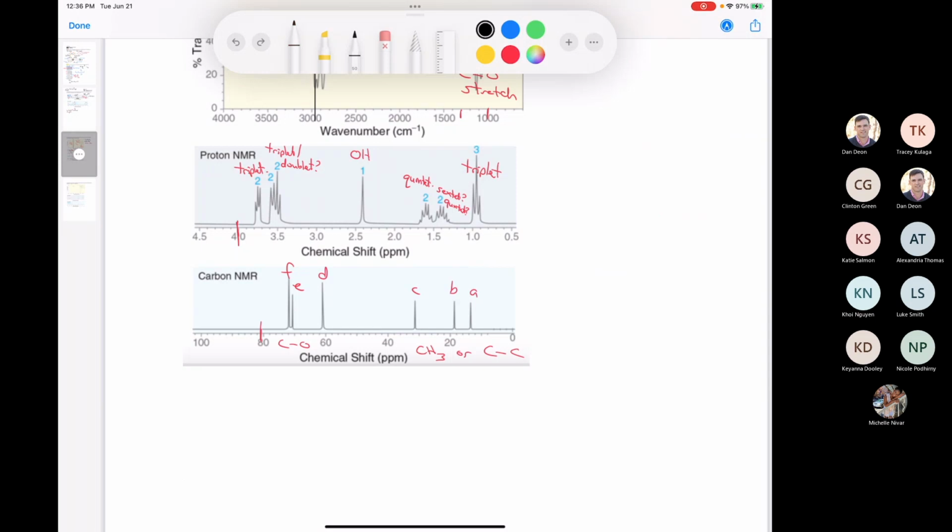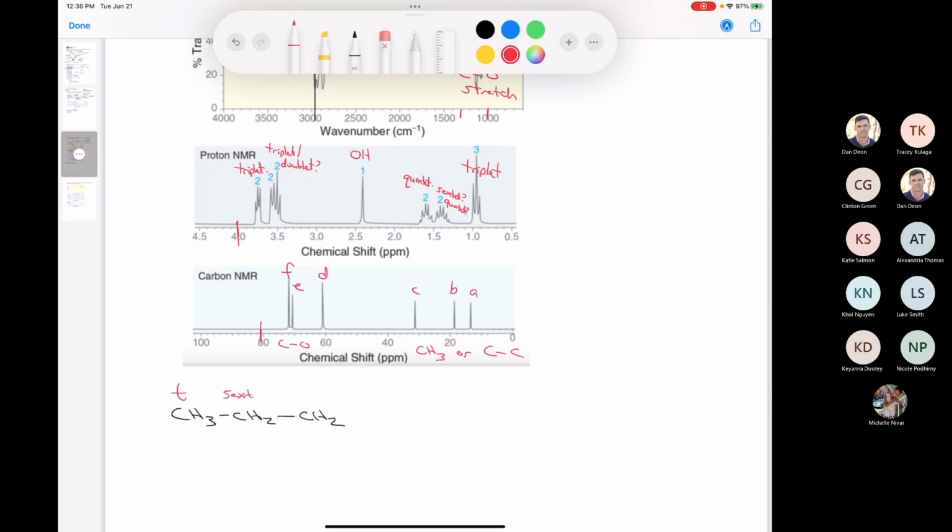And what I'm thinking is if we put a bunch of carbons in a row like this, CH3, CH2, this first one would give us a triplet, and this one would give us a sextet, right?